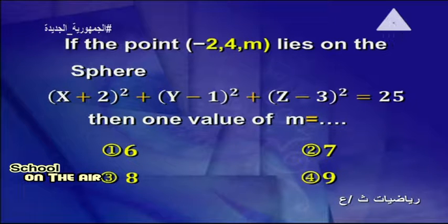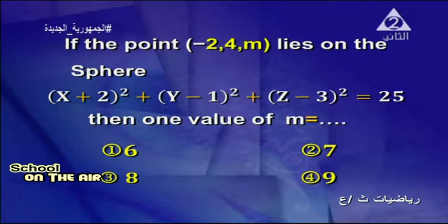At the first, my dear student, if the point (-2, 4, m) lies on the sphere, what do you mean? The value of x is -2, the value of y is 4, the value of z is m. By substituting x, y, z we calculate the value of m.